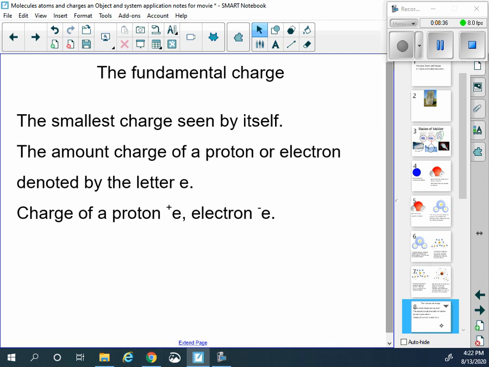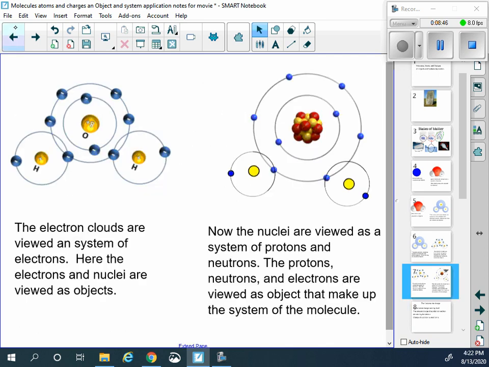We use the letter E to signify the fundamental charge because we found electrons first, because they're on the outside of an atom. And I'll be honest, it's very weird when you tell people that in the very beginning. It's like, well, electrons are really small, protons are really big, and we found the electron first. How on earth did that happen?